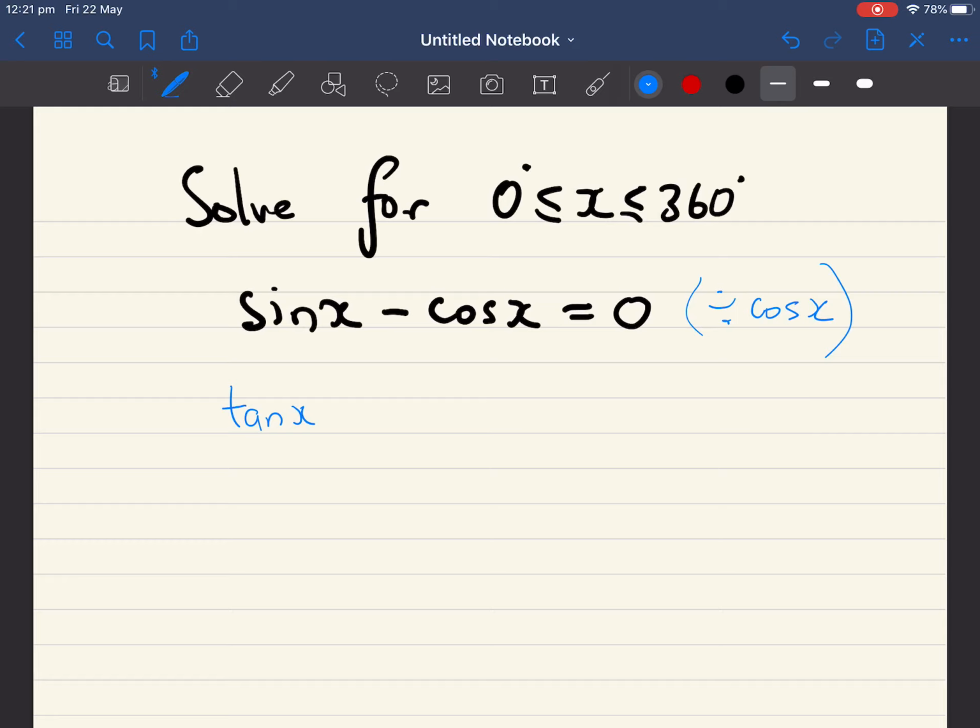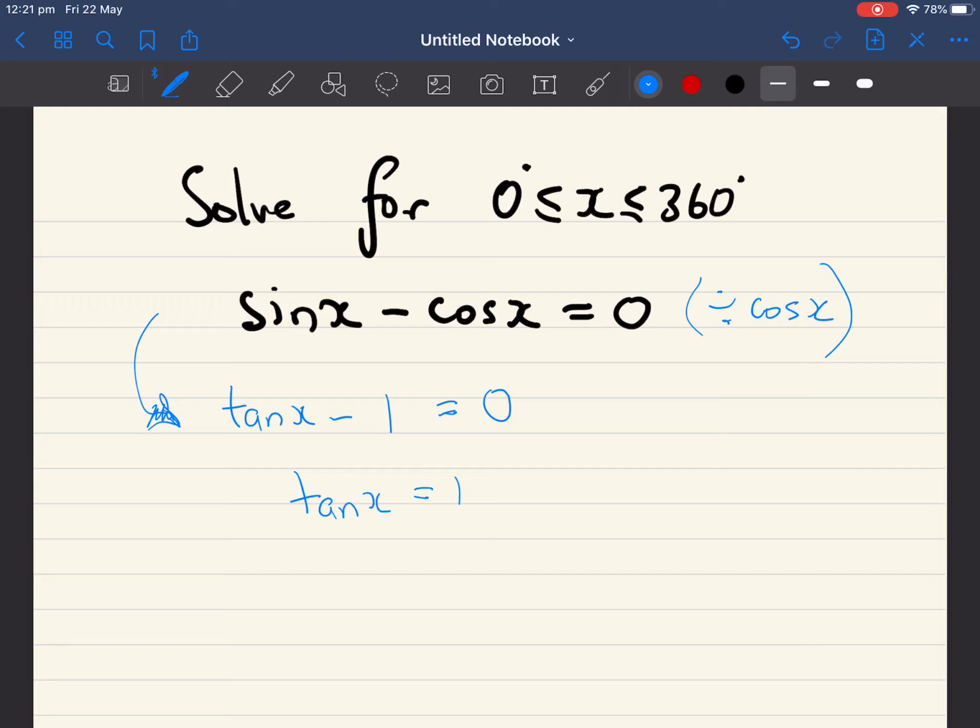If not, you need to go back and look at the start of the chapter. Cos x divided by cos x will give you a 1, and 0 divided by cos x is 0. What's really great about this is this equation, which had two separate trig functions, has now been converted into an equation that has only one trig function, which we can now get by itself.